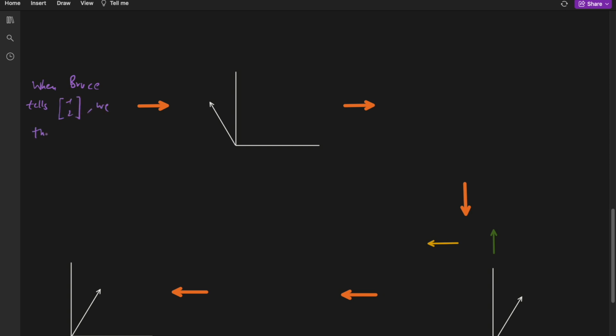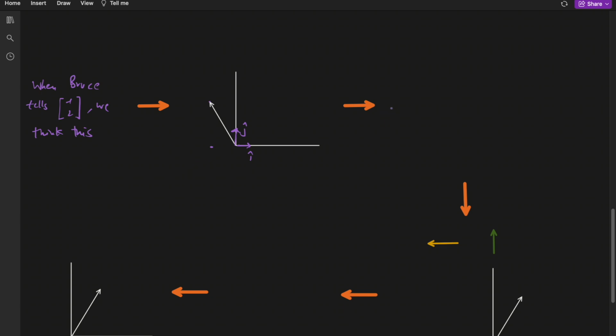What we think when Bruce tells -1 comma 2, we think this, right? Because our system is a standard system, so we think, okay, -1 is somewhere here, and then we move 2 in this direction, so we will get somewhere here. Okay, because we are using our standard basis set. So we think this because for us i hat is here and j hat is here, somewhere like this.